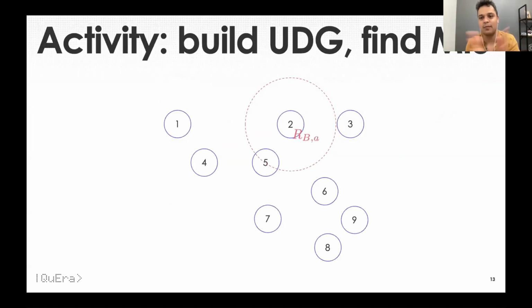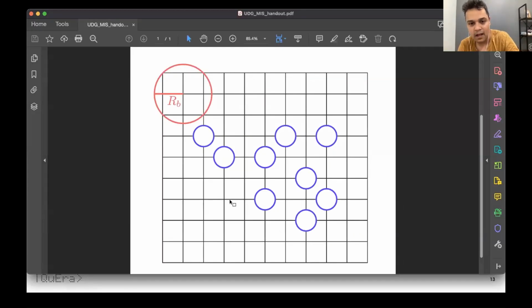Before I do that, I want to give you a challenge. Where would I go without the challenge? You still have that handout, right? So that we play a little bit with our intuition. The goal is to draw the MIS corresponding to this graph, under the constraint that the blockade radius is that thing in red.